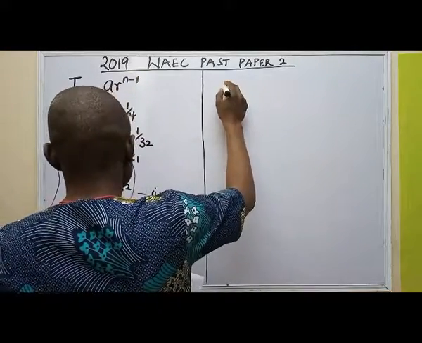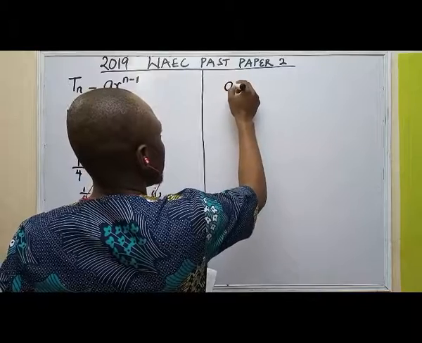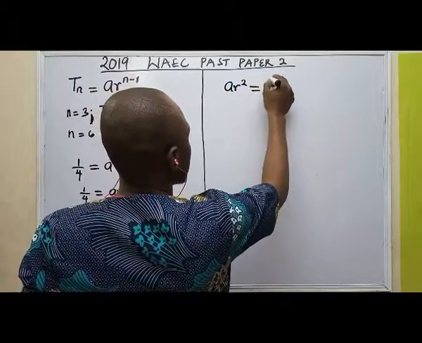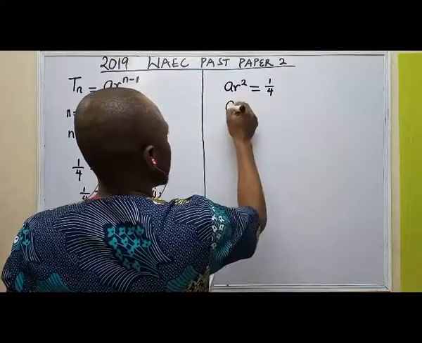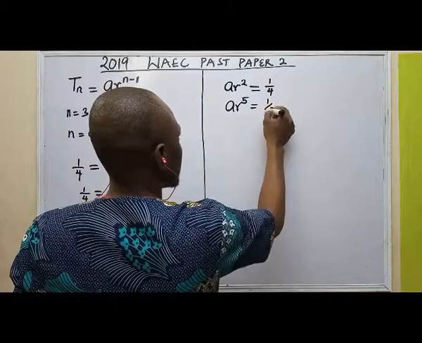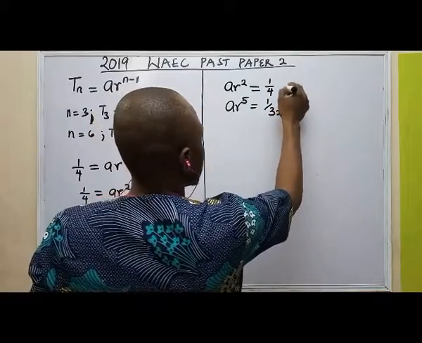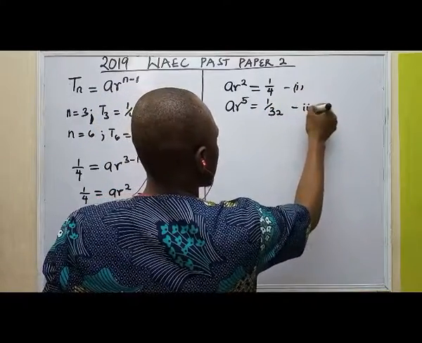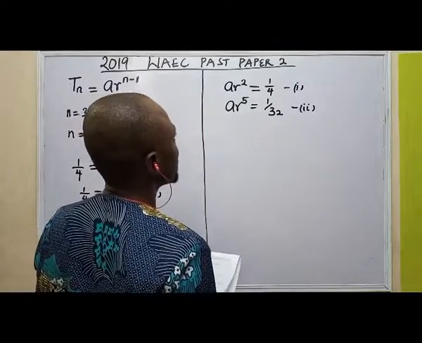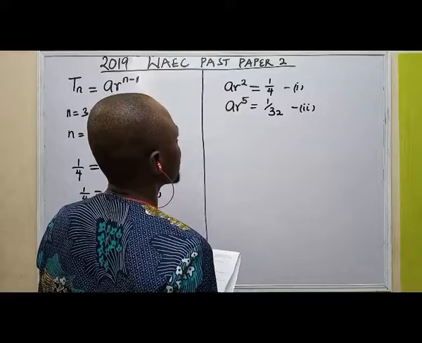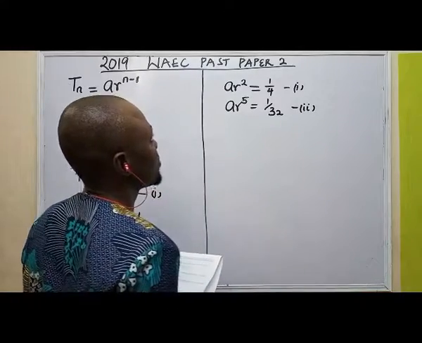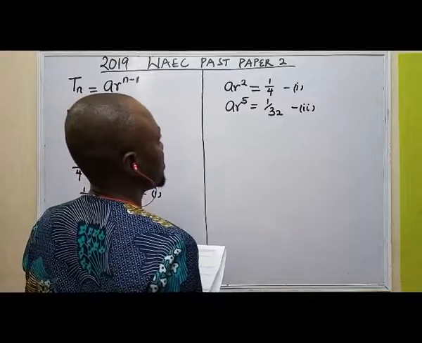So therefore I'm going to do this. I have A R squared equals 1 over 4, and then A R raised to the power 5 equal 1 over 32. This is equation 1, this is equation 2. Now the next thing I'm going to do, I can express R in terms of A in equation 1.